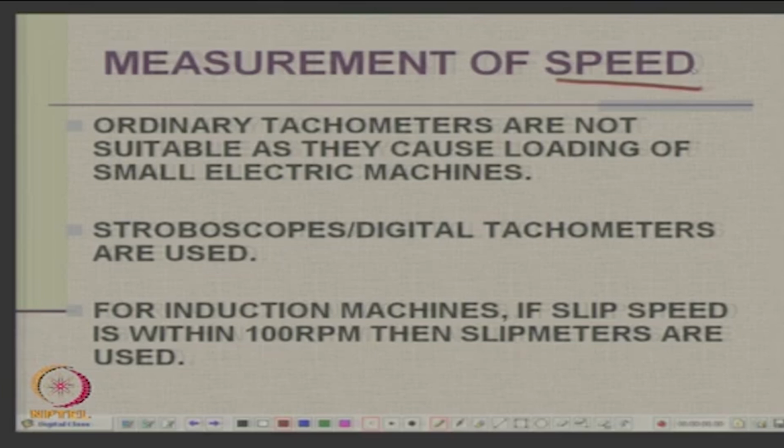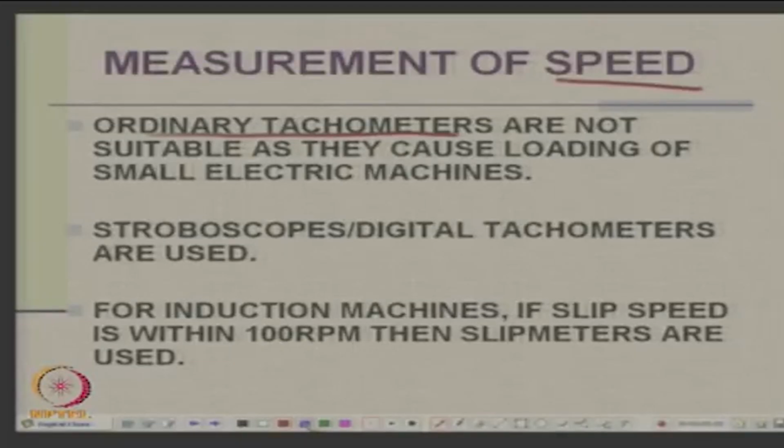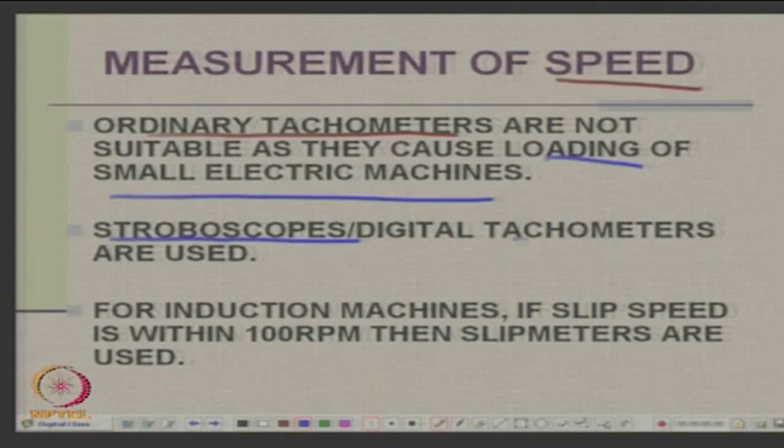Because the power itself is small, we would prefer to have a non-contact type. I have been suggesting that you should create a non-contact type where you have an encoder or something, where you measure the pulses it generates and process the pulses to get the reading digitally. Therefore, ordinary tachometers are not suitable. They cause loading. Now, one way is a stroboscope or digital tachometer.